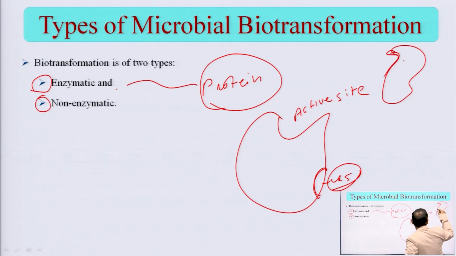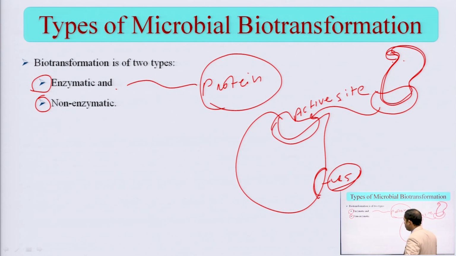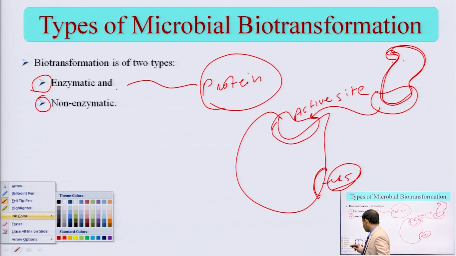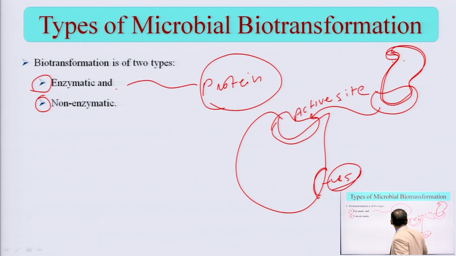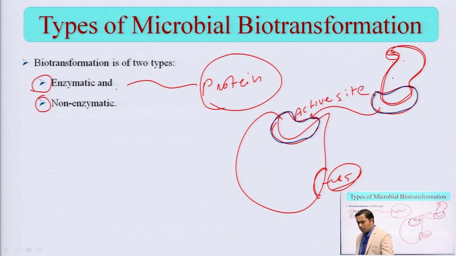Okay. I have a substance or metabolite like this. So, I have to check the active site of my enzyme and whether the two match or not. Okay, let me tell you with a different color. The active site of my enzyme and the component of the substance that is supposed to be metabolized, that is supposed to be biotransformed, whether they are complementary and match each other or not. If it is matched, then you may use that enzyme.